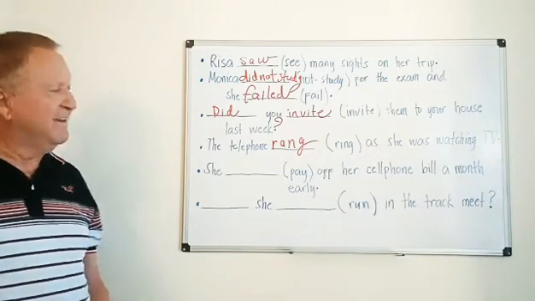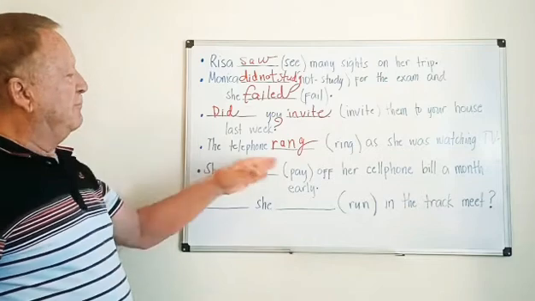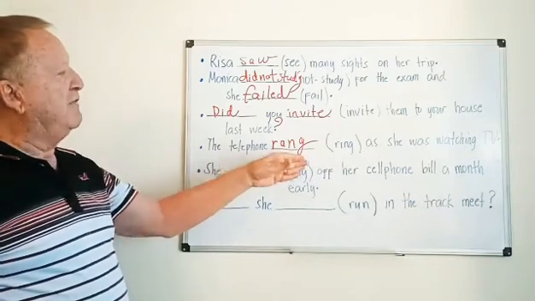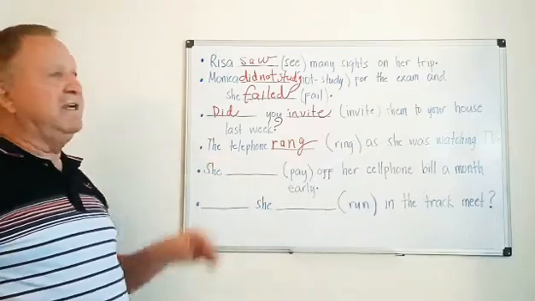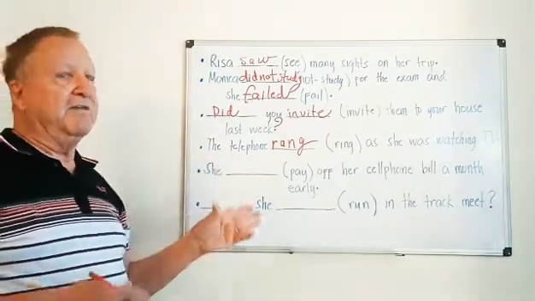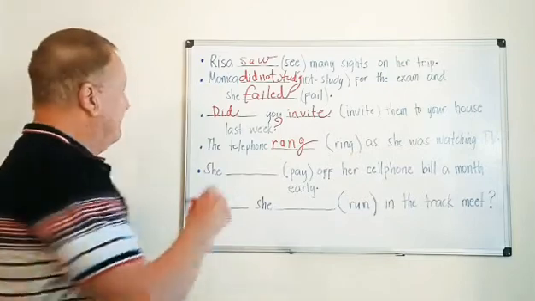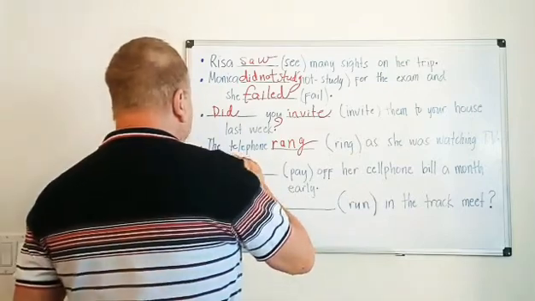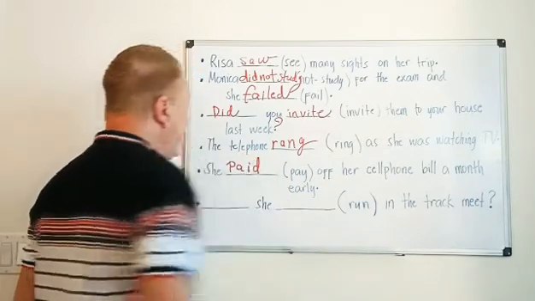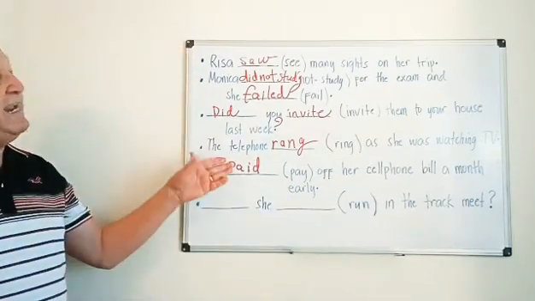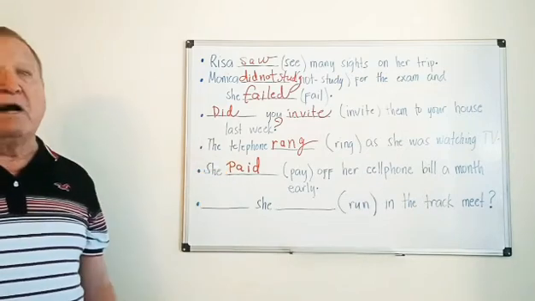Next sentence. She, blank, pay off her cell phone bill a month early. Pay is an irregular verb, and the past tense form is paid. She paid off her cell phone bill a month early.